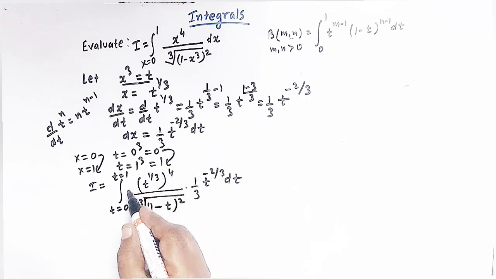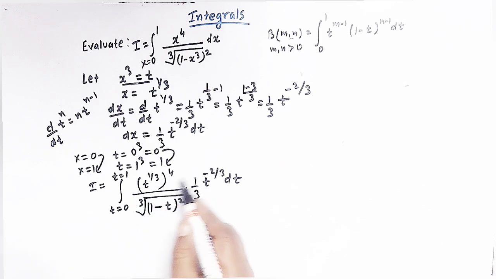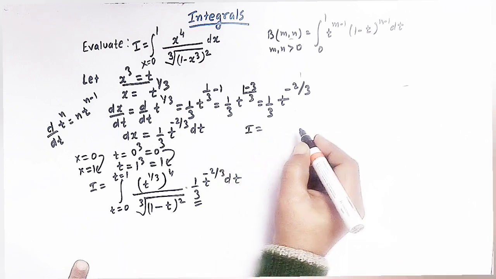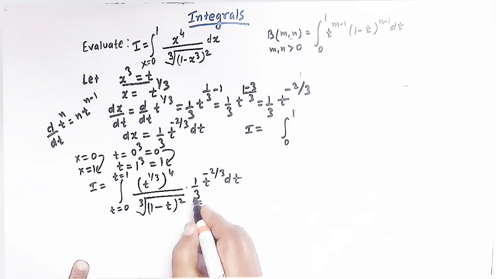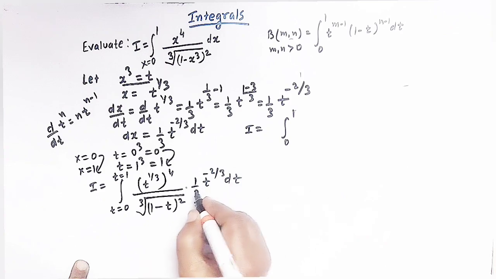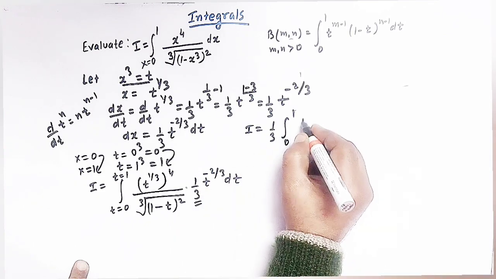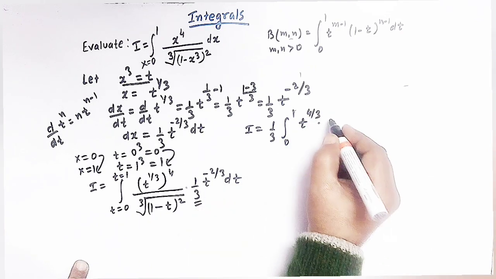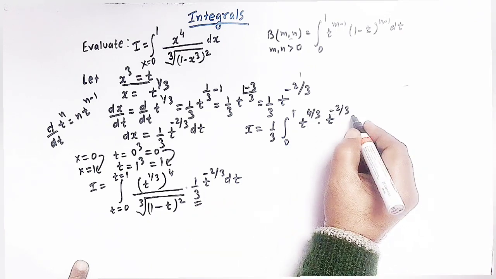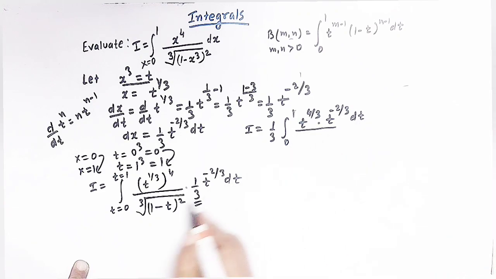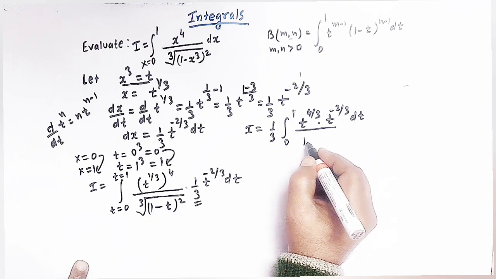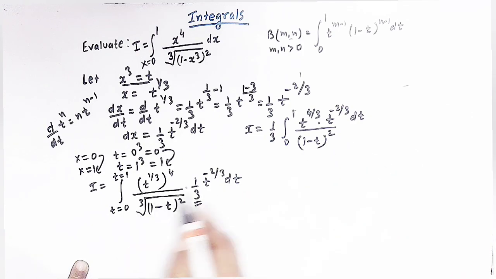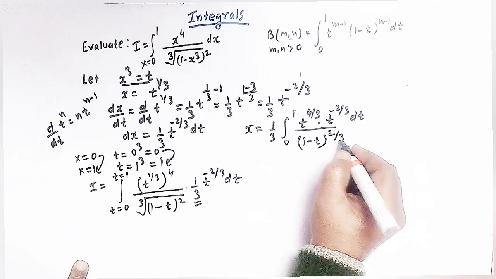So now let us simplify this integral. So now we can write this integral I as 0 to 1, and here we can take this term 1 over 3 outside the integral. Then we have t raised to 4 over 3. Here we have t raised to minus 2 over 3 dt, and in the denominator we can write 1 minus t square, and here we have the cube root, so here we can write 2 over 3.